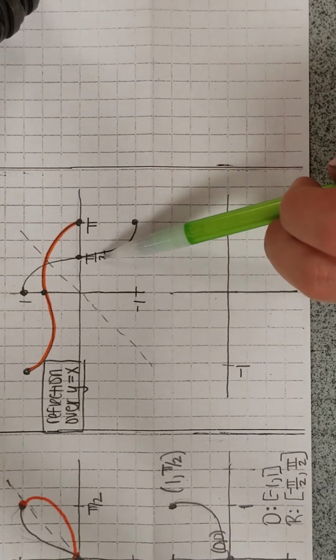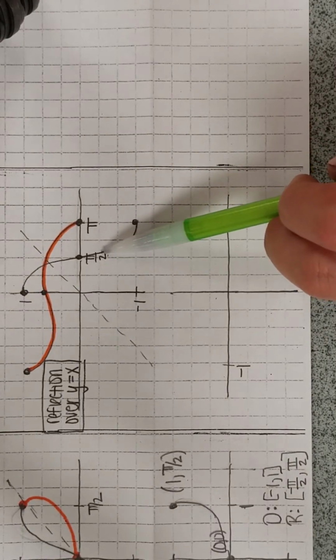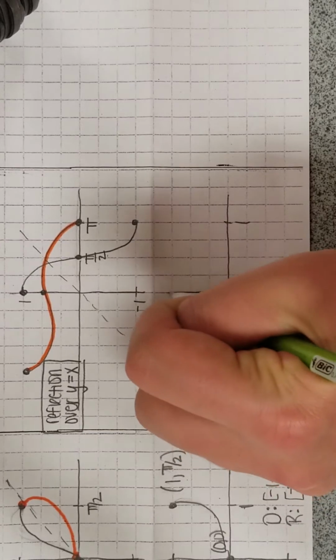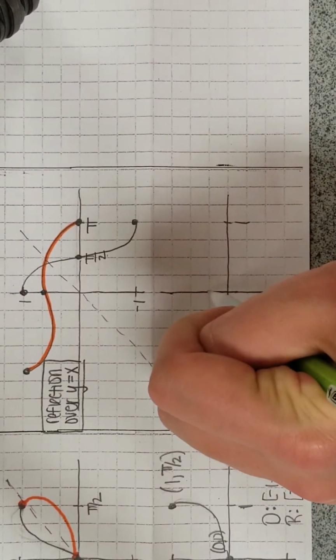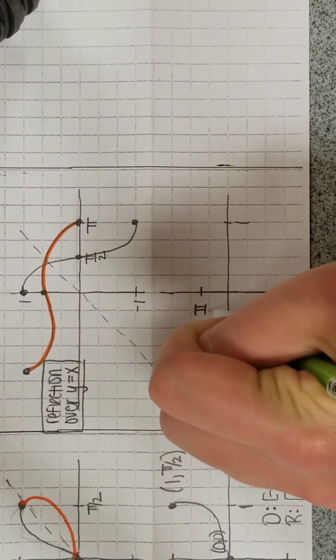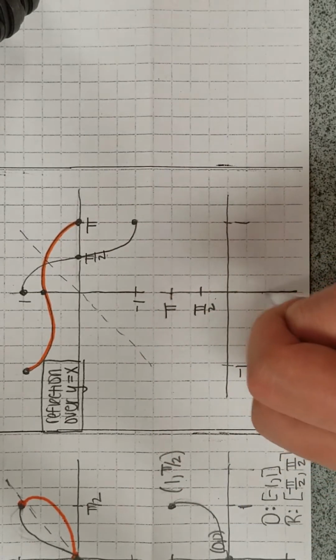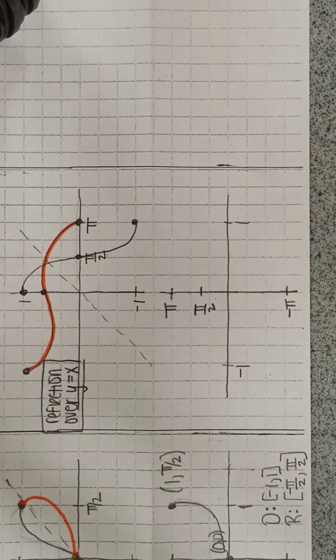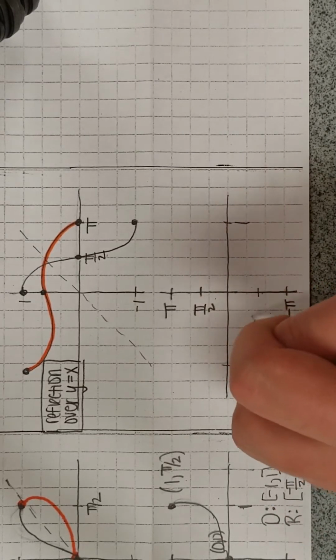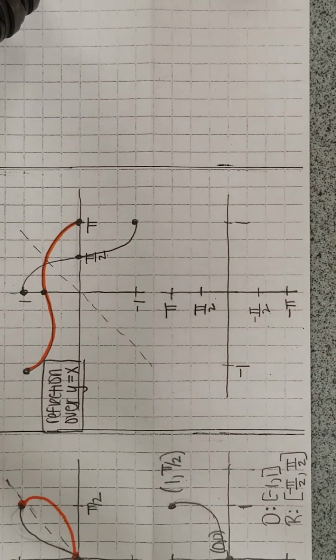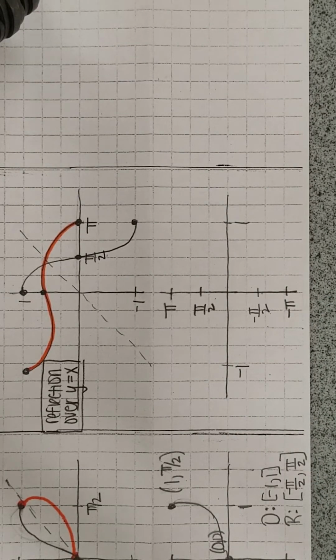And the pi over 2 count used to be on the x-axis. Now it's going to be on the y-axis. So we're now going to switch our ordered pairs. You are able to see your points up here.